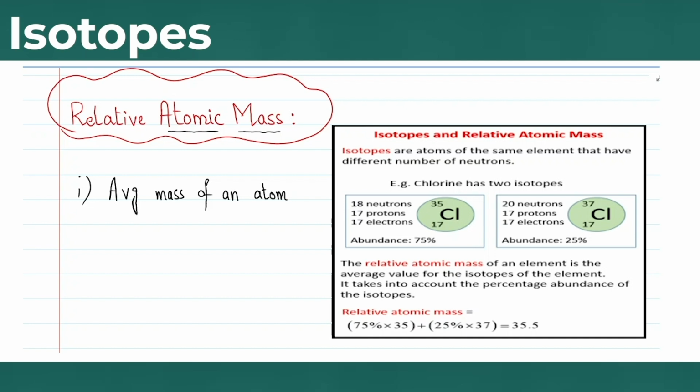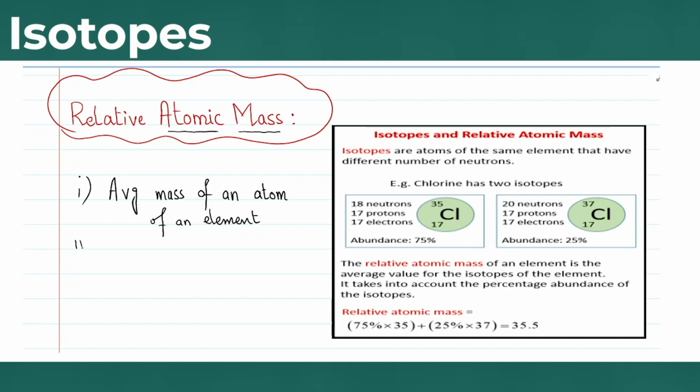And we know that atoms are present in the element. So can I write in this way? The average mass of an atom of an element. So this is the first point of its definition.